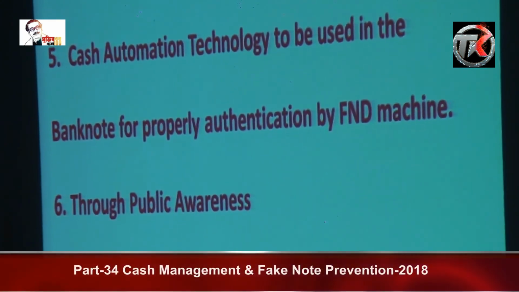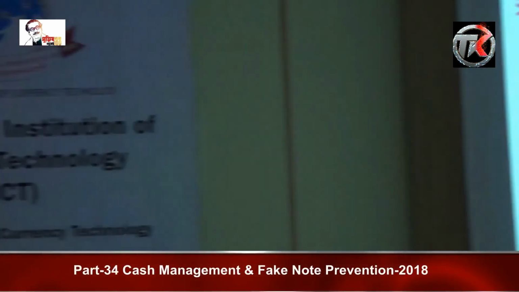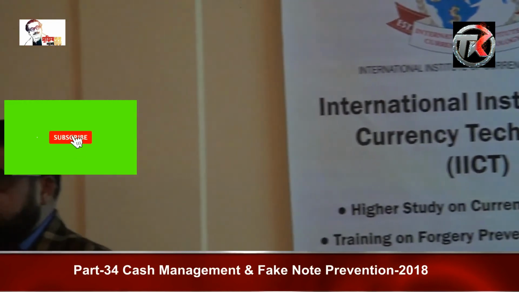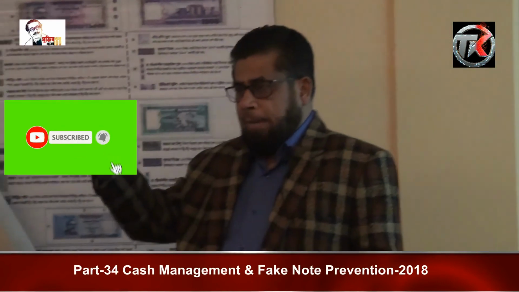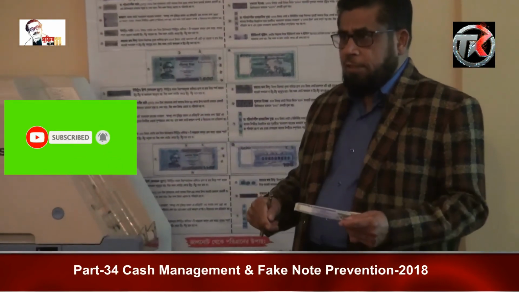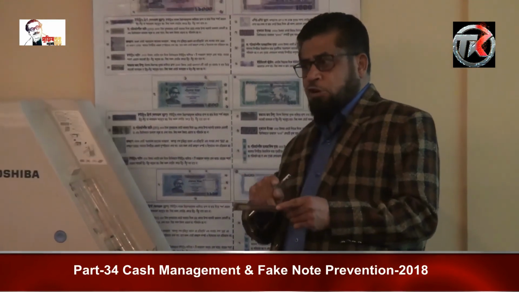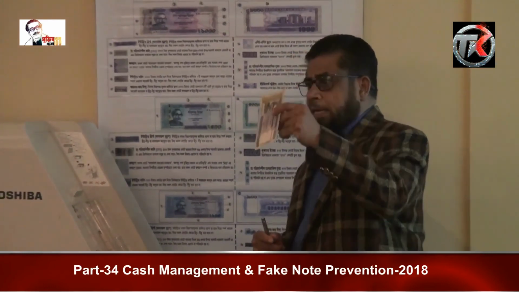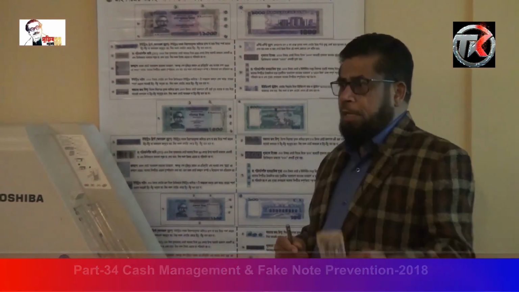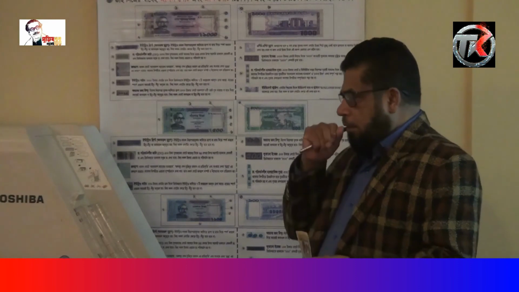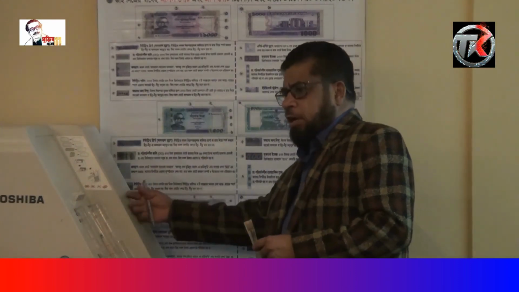Through some security features, as I told you earlier: infrared, IR, magnetic, UV, design. So, if the design is not proper, if there is no magnetic character, no UV, no IR properly, the machine cannot read.